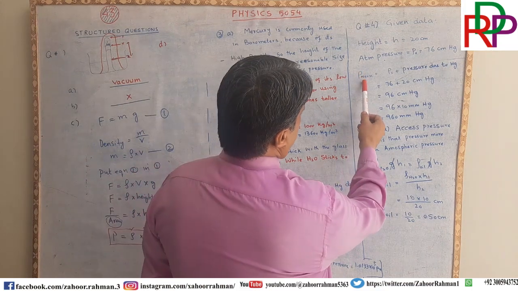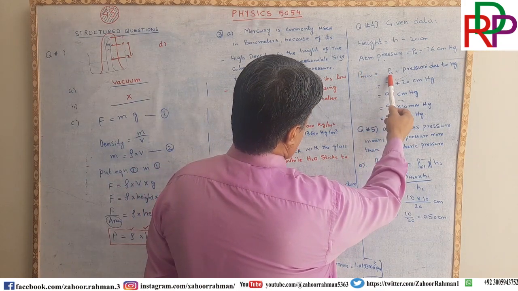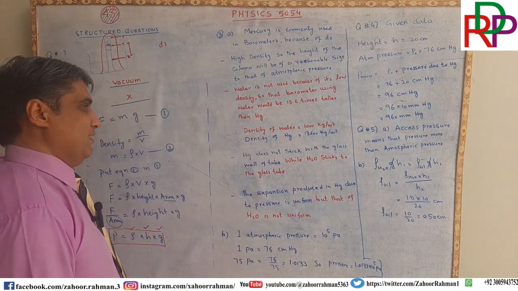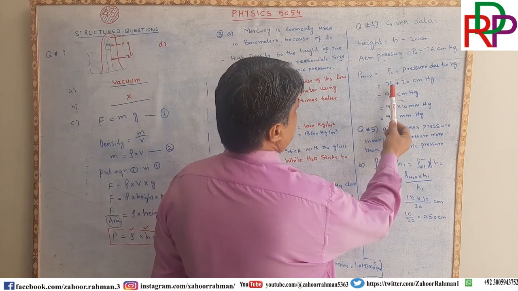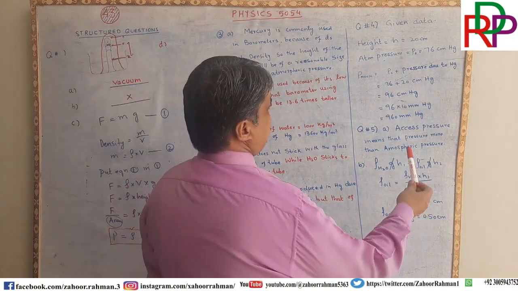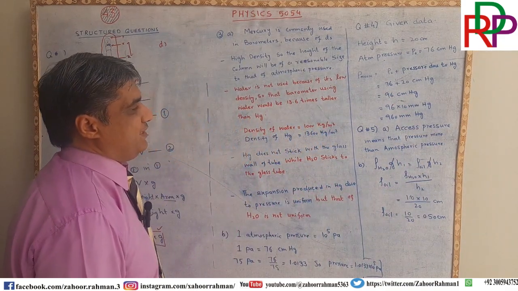Okay, pressure of neon is equal to atmospheric pressure plus pressure due to Hg column, and that is given as 76 plus 20 centimeter of Hg, which is equal to 96 centimeter of mercury.